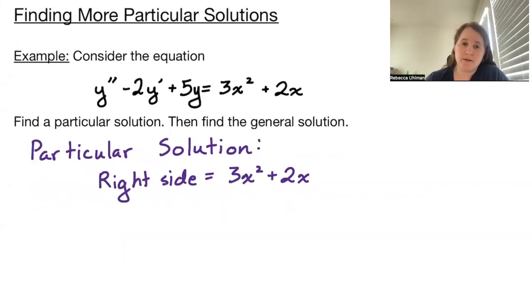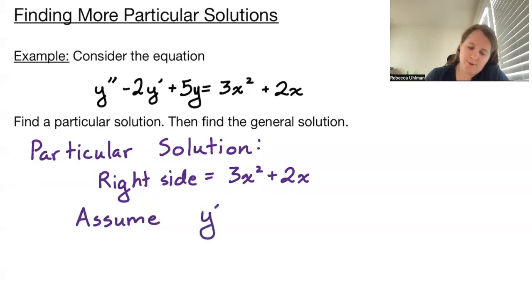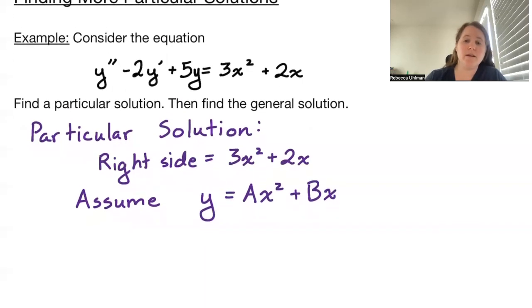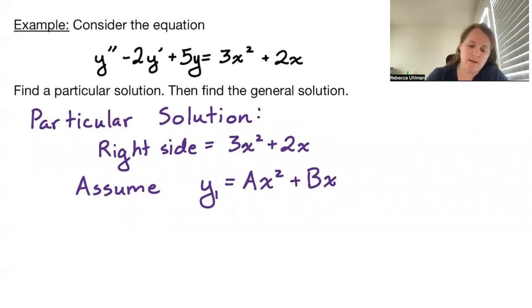If we want to take a similar form, let's start by assuming yp is equal to ax squared plus bx.